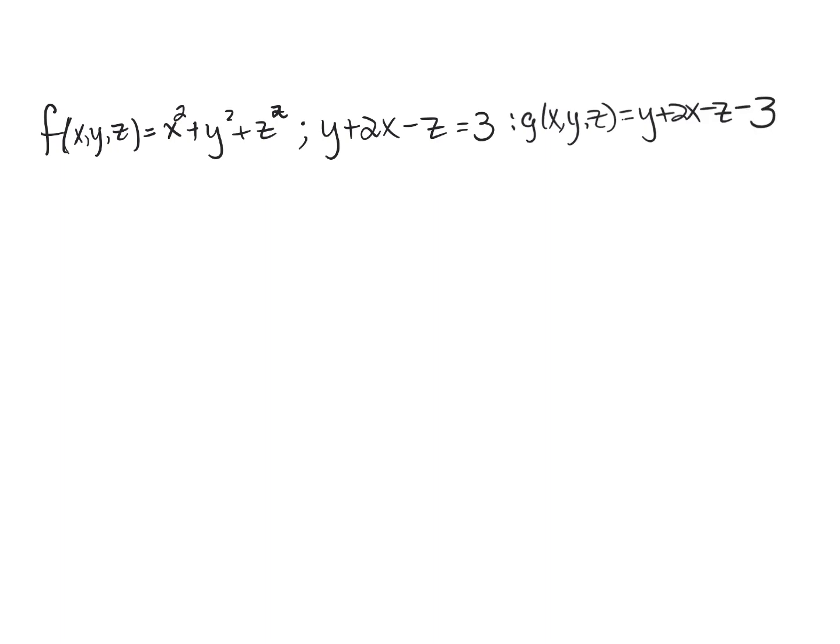Now I form my capital F, which will be the original f of x y z minus lambda times the constraint. Distribute that lambda now.